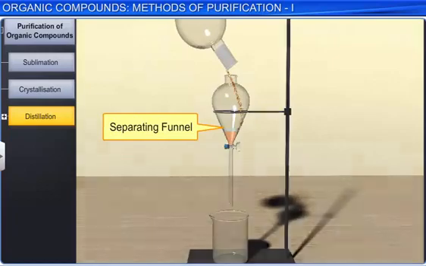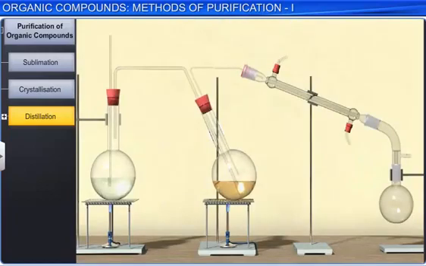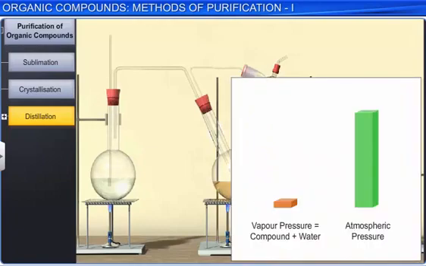In steam distillation, the liquid boils when the sum of the vapor pressures due to the organic liquid and due to water becomes equal to the atmospheric pressure. Since the vapor pressure of organic liquid is lower than the atmospheric pressure, the organic liquid vaporizes at a lower temperature than its boiling point.